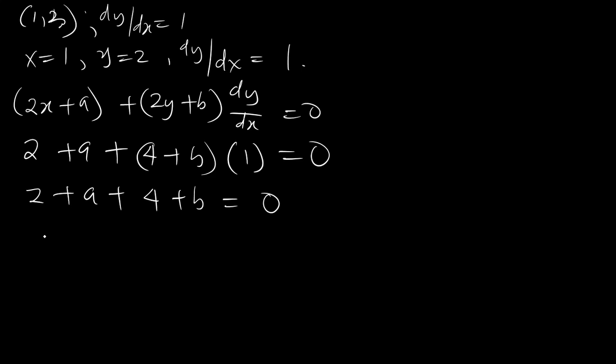So a plus b plus 6 is equal to 0. So a plus b is equal to minus 6.